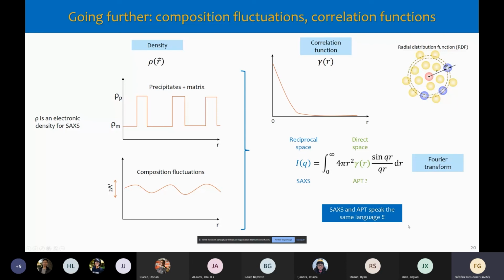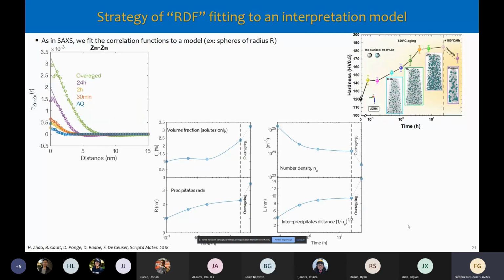And we'll explore this by using the same kind of formalism that the SAXS community usually uses, which is that we try to build an interpretation model that we parameterize and fit to our intensity.